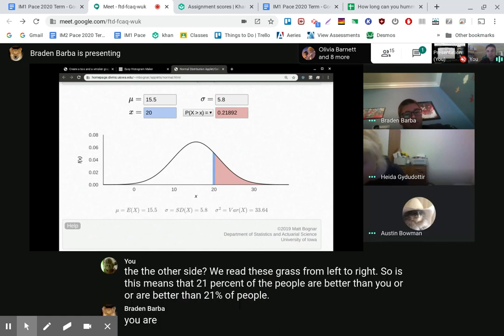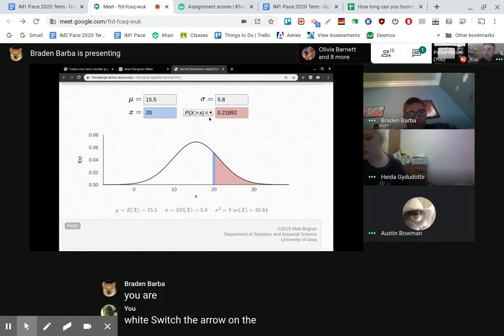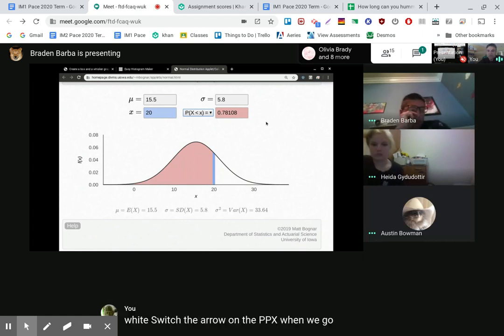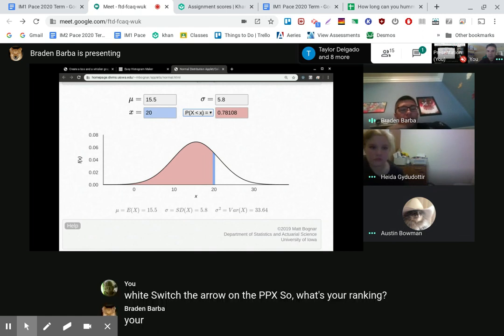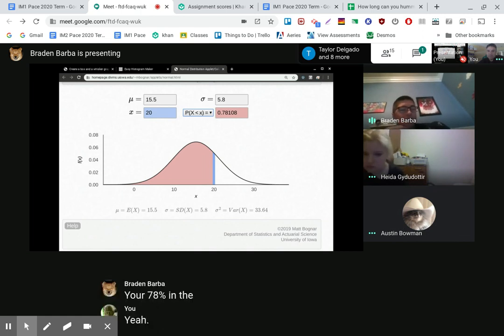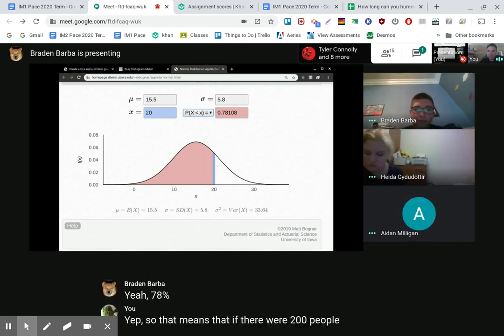Well, switch the arrow on the P(X). There we go. So what's your ranking? You are 78%. Yep. So that means that if there were 100 people, you're the 78th person.